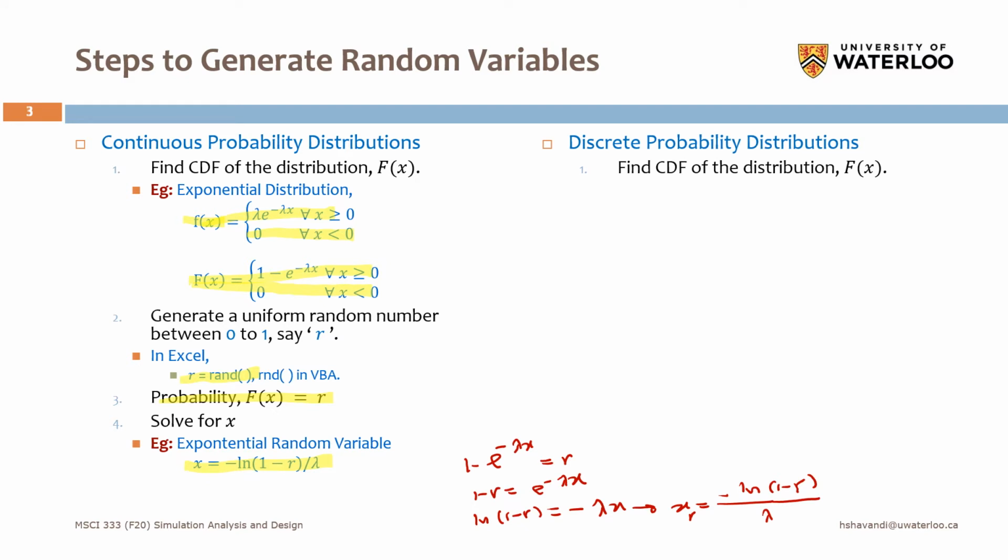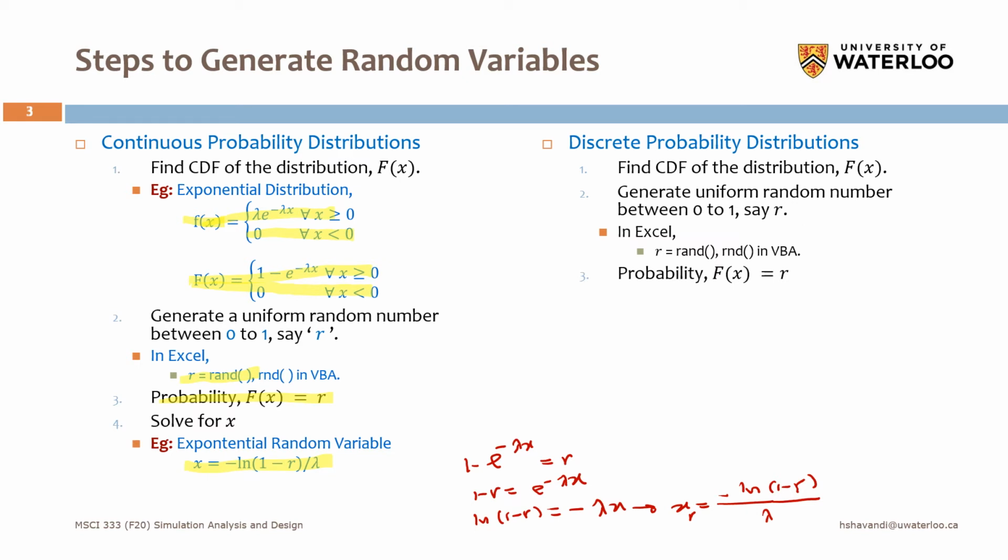So for discrete distributions, the first three steps are exactly the same, but the only difference is on the fourth step. In step 4, in order to have this equation F(x) be equal to r, we find an interval in the F(x) of that discrete probability distribution that r lies in.